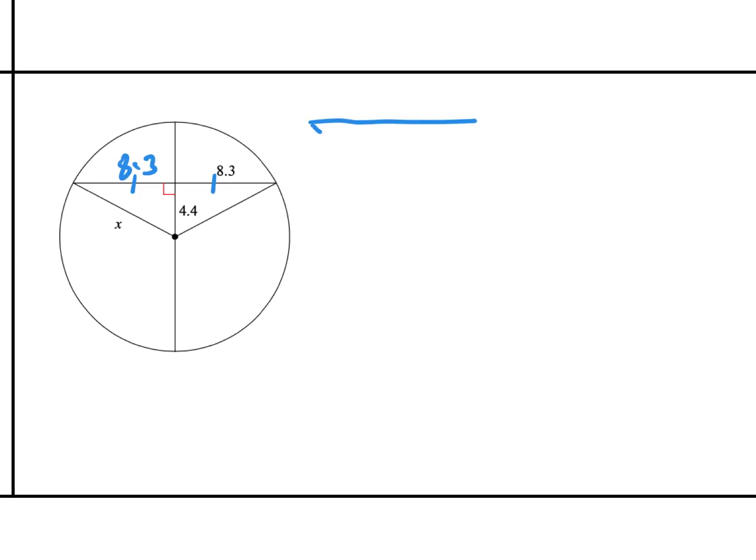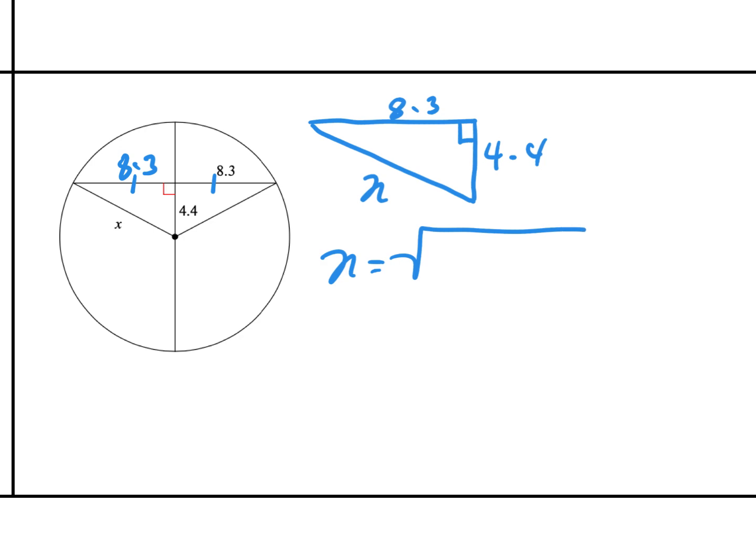This is going to be 4.4 and this is going to be 8.3. What is asked in here is your x. So I say x is going to be the square root of 4.4 squared plus 8.3 squared. Okay, you can do that.